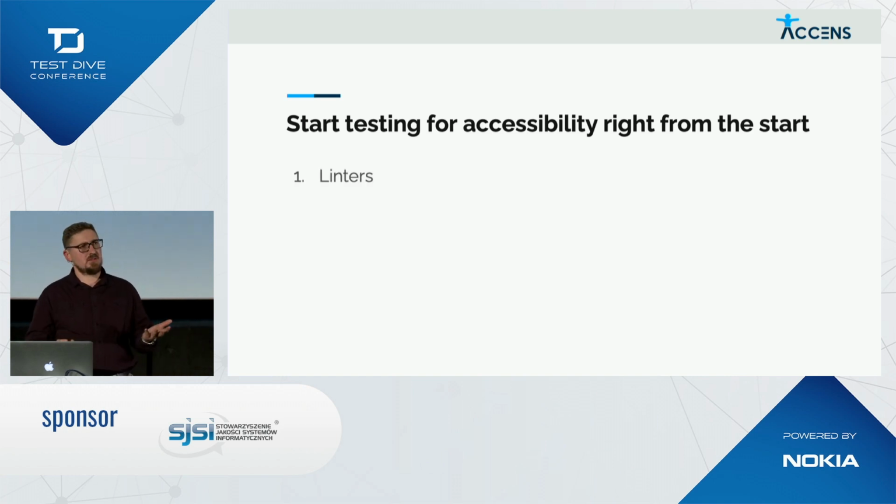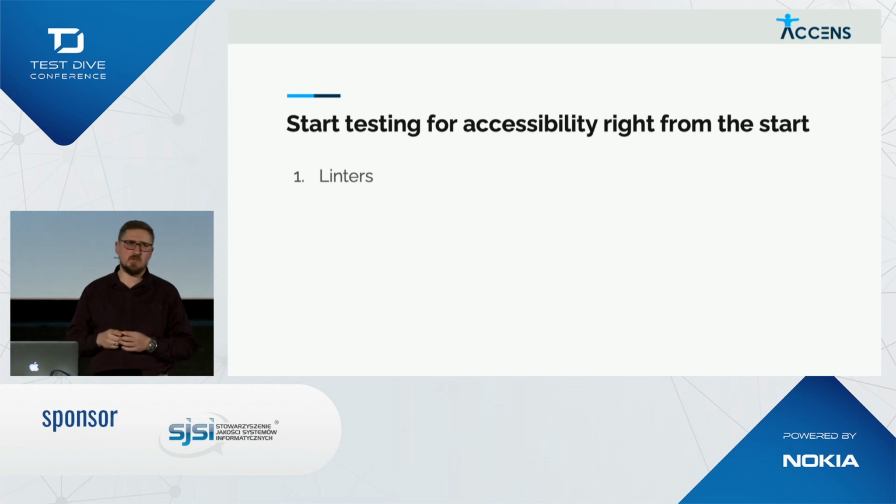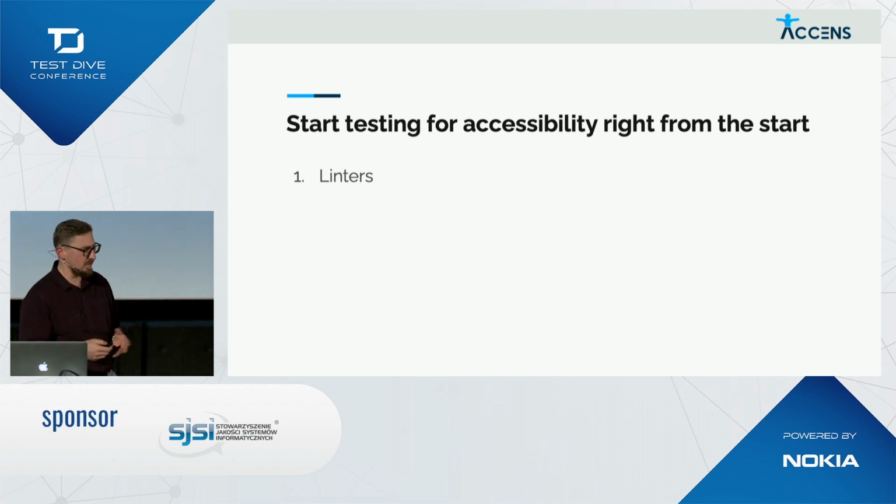There are linters which are able to verify if your software has accessibility issues. Every developer should have one installed. They already have some linters. This is just another library to add, and developers can spot accessibility issues during coding, and there will be information on how to fix them.